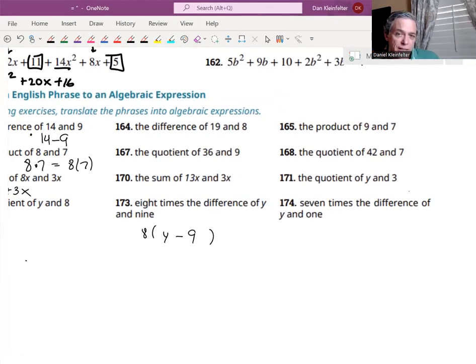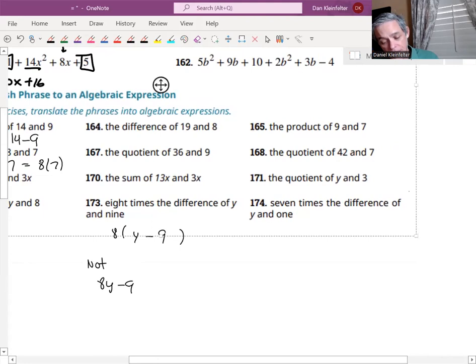Make sure you get the parentheses on there correctly. We have 8 times something. That something is the difference between y and 9. Make sure you know why it's not going to be 8y minus 9, which would be the difference between the product of 8y and 9.